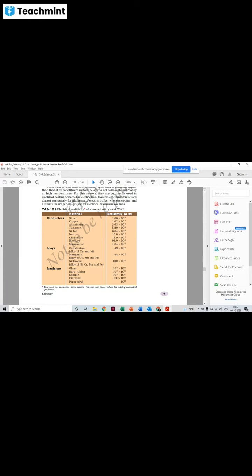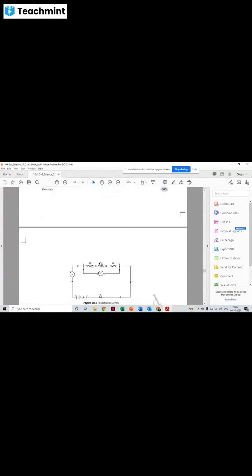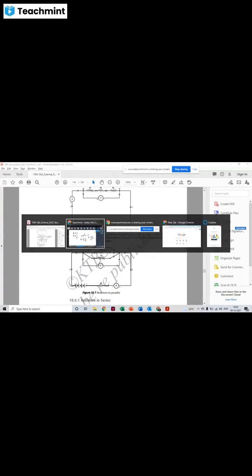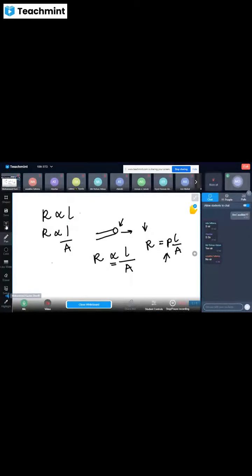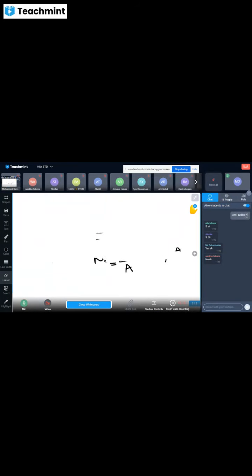Now let's come to the next thing, that is, let's discuss more about resistance. How are these resistances connected?